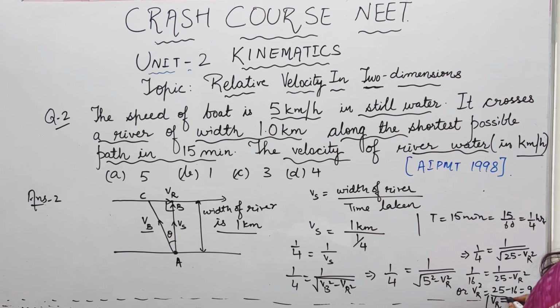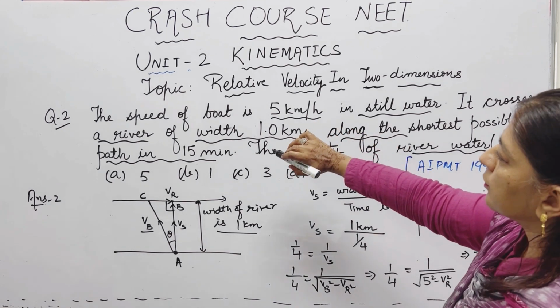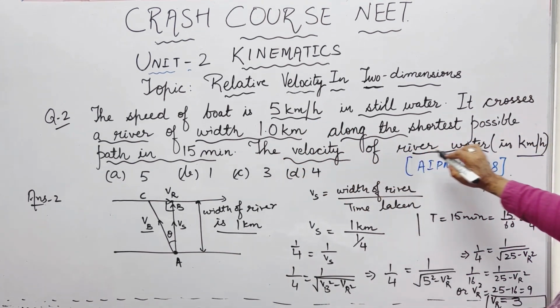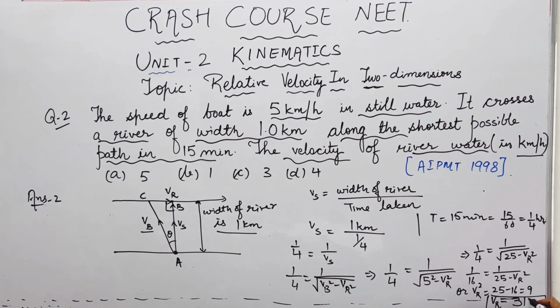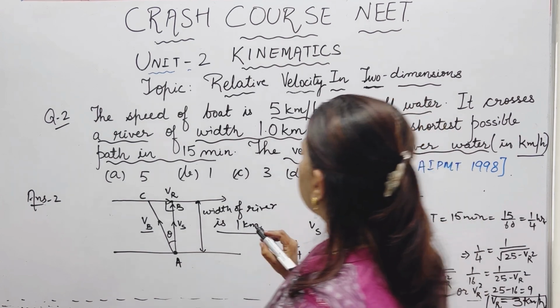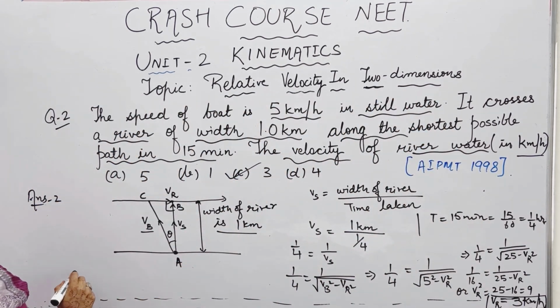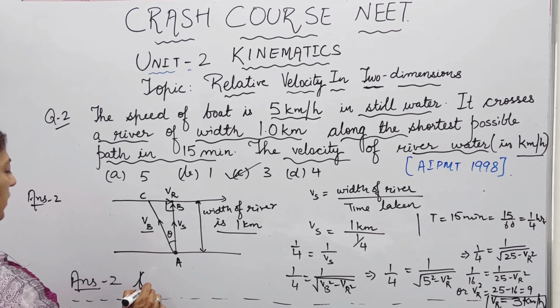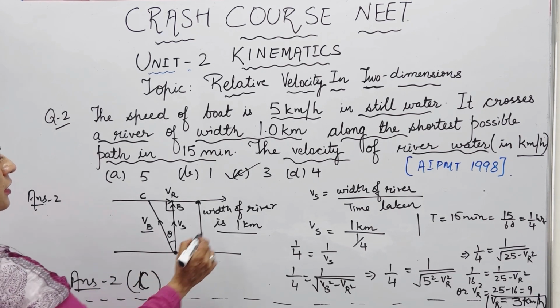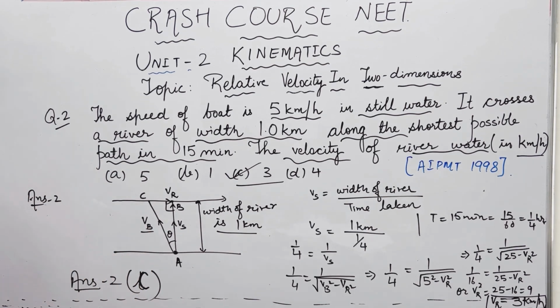So the value of the velocity of the river water comes out 3 kilometer per hour, and for that the option number is C. Hence the answer for the second is option C, that is 3 km per hour.